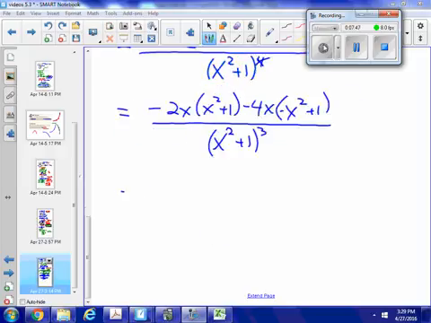Let's do some distribution in my numerator. Because I have like terms, I can see it. I'm going to have negative 2x cubed minus 2x plus 4x cubed, the negative times the negative, minus 4x.